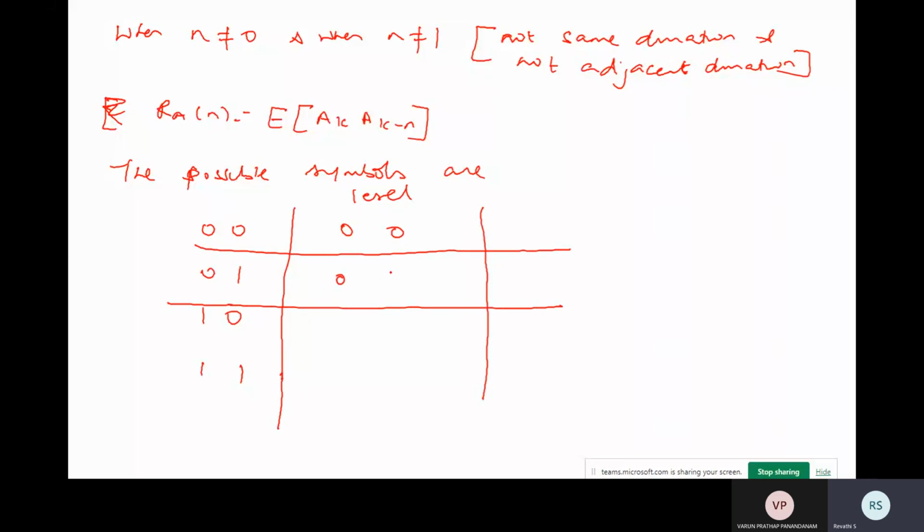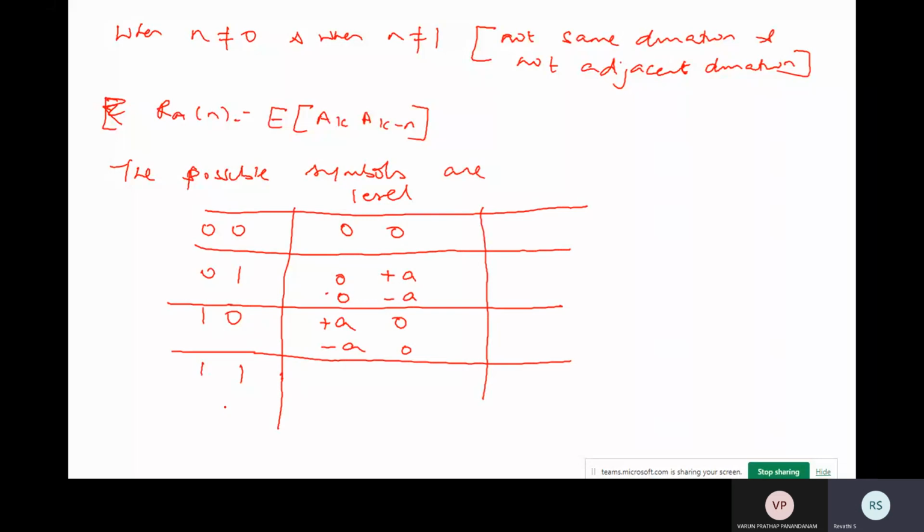This 1 may be plus A or minus A. So here you may have plus A or you may have minus A. Similarly for 1, 0, the first duration is 1, maybe plus A with 0 or minus A with 0. Okay, these are the levels. Similarly for the last combination 1, 1, both may be minus A, or the first duration is minus A and the nth duration is plus A, or the first duration is plus A and the nth duration is minus A, or both durations may be plus A. So these are the combinations you will get.